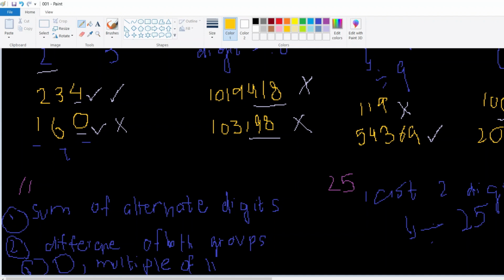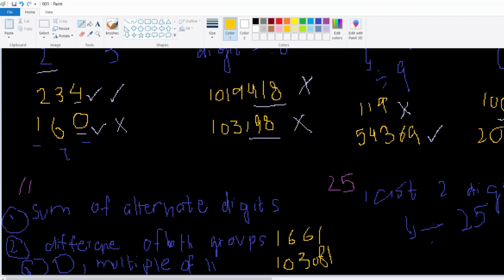For 11, let's go with 1661, and the next would be 103081.